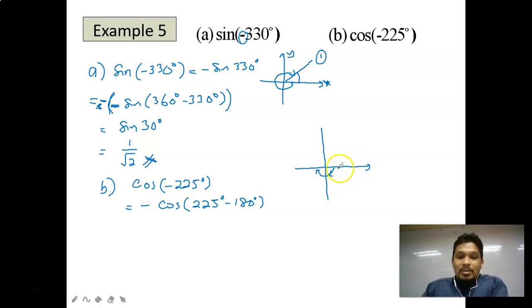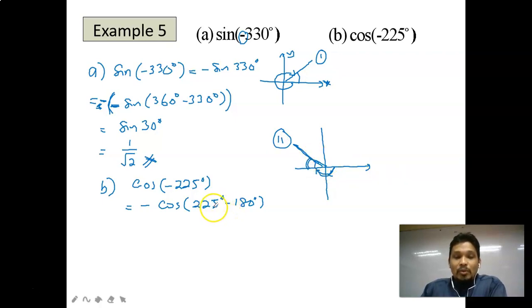So negative 90 and negative 180 and negative 225 is somewhere around here. So it lies in the second quadrant. So we take this basic angle.